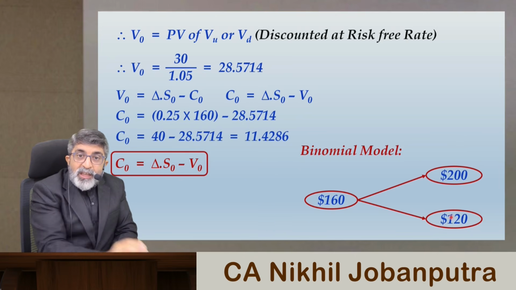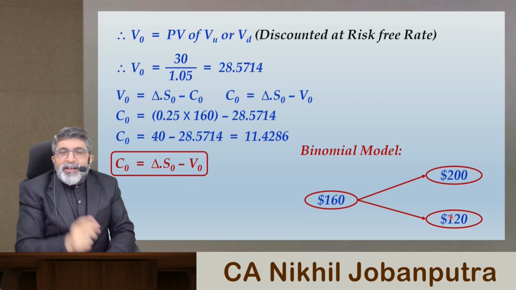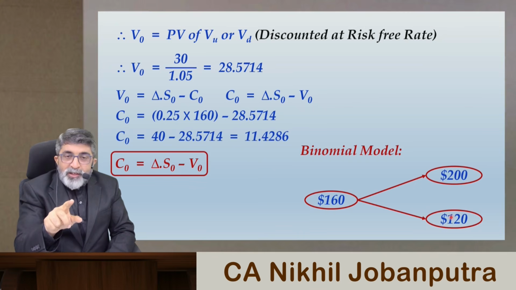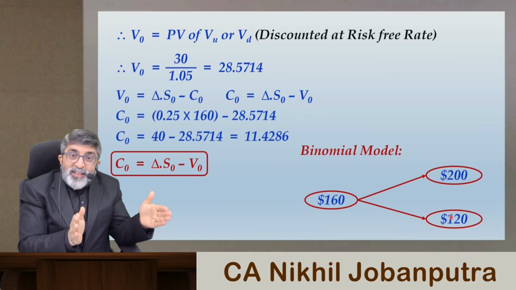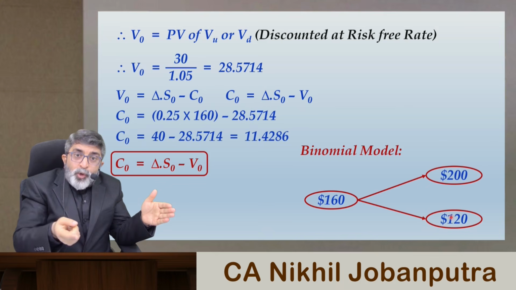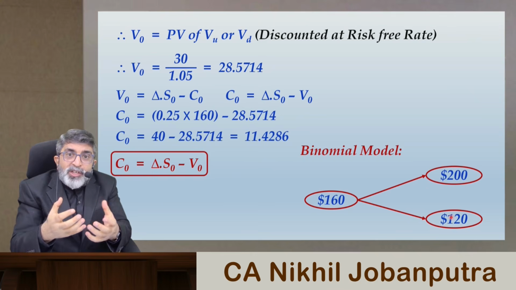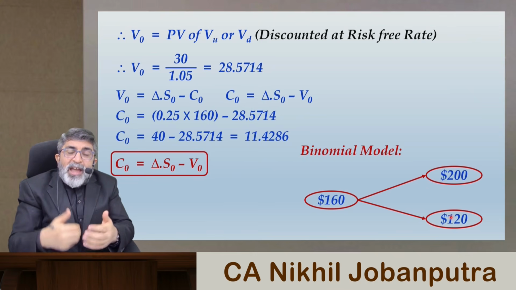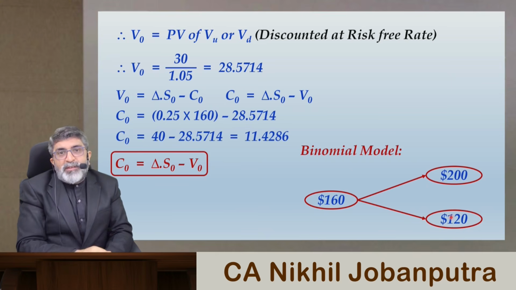expectations, right? If that expectation keeps changing every moment, the delta value will never be constant. So if there is actually a call option expiring in 6 months, multiple times the price will change, and therefore multiple times the delta will change. So your hedge position needs to be monitored and changed every moment.